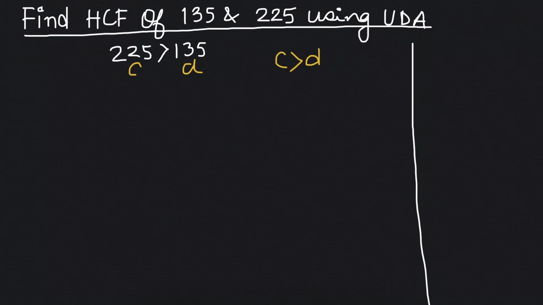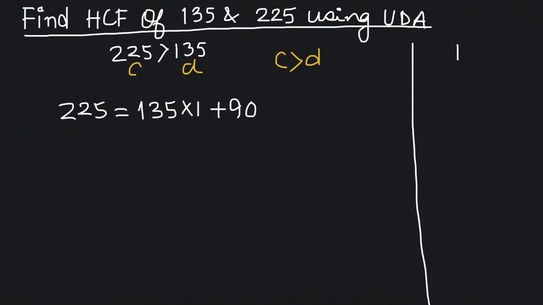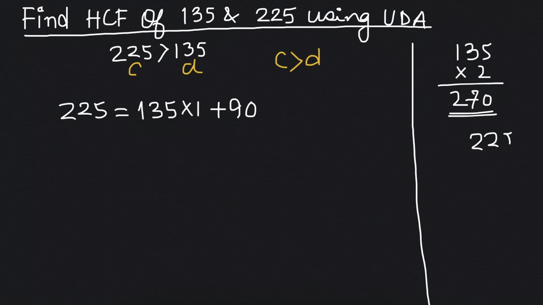So now 225 can be written as 135 times 1 plus 90, because 135 into 2 is greater than 225, so we put 135 into 1. So after 225 minus 135, we have remainder 90 here.